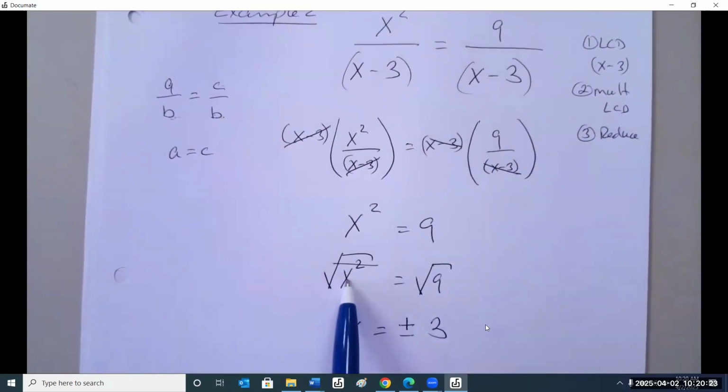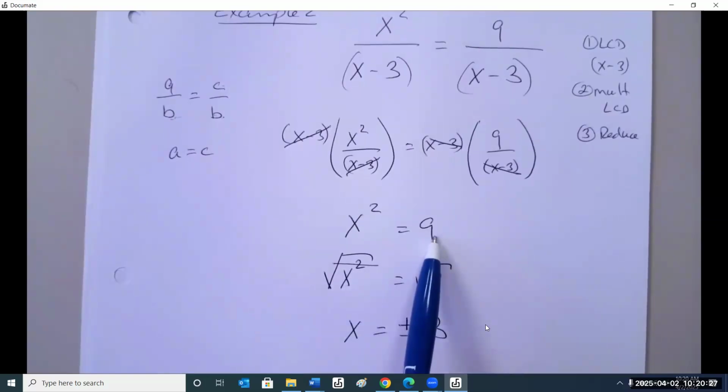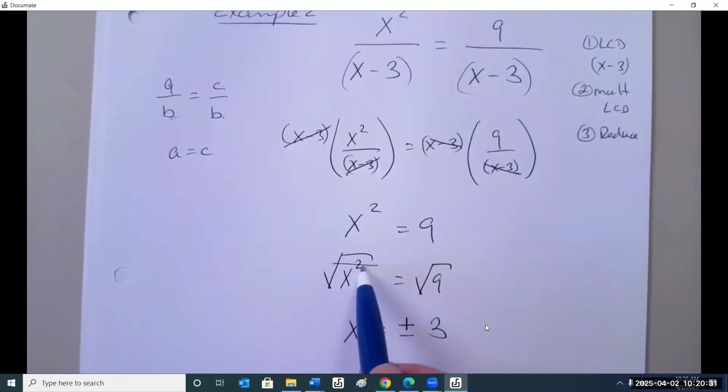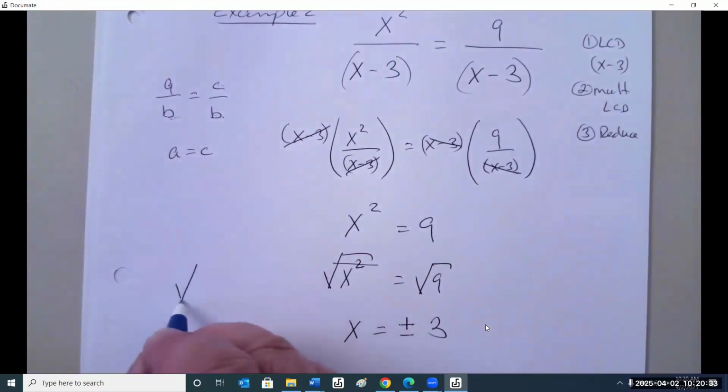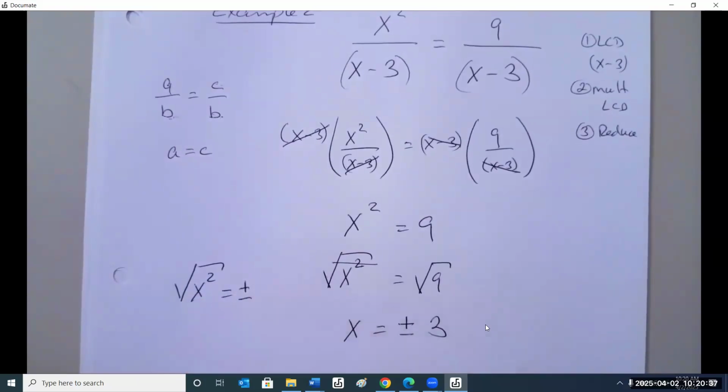Because it's squared. If I have negative 3 and I square it, I get 9. If I have a positive 3 and I square it, I get 9. So whenever you square root something that's squared, you have to put a plus or minus in front of the answer, because it can be positive and negative.